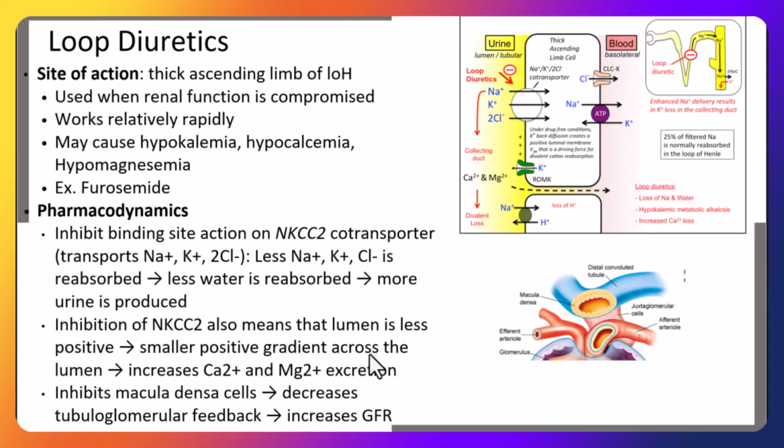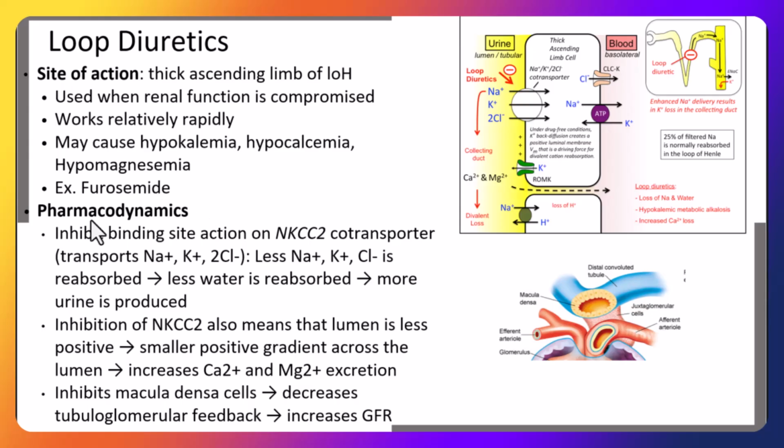Loop diuretics are especially helpful when somebody's renal function or kidney function is reduced, and they have this ability to work pretty quickly. Now, one of the negatives is it can cause hypokalemia, a reduction in potassium in the blood, and a reduction in calcium in the blood, and potentially a reduction in magnesium in the blood. And I'll explain why that is soon.